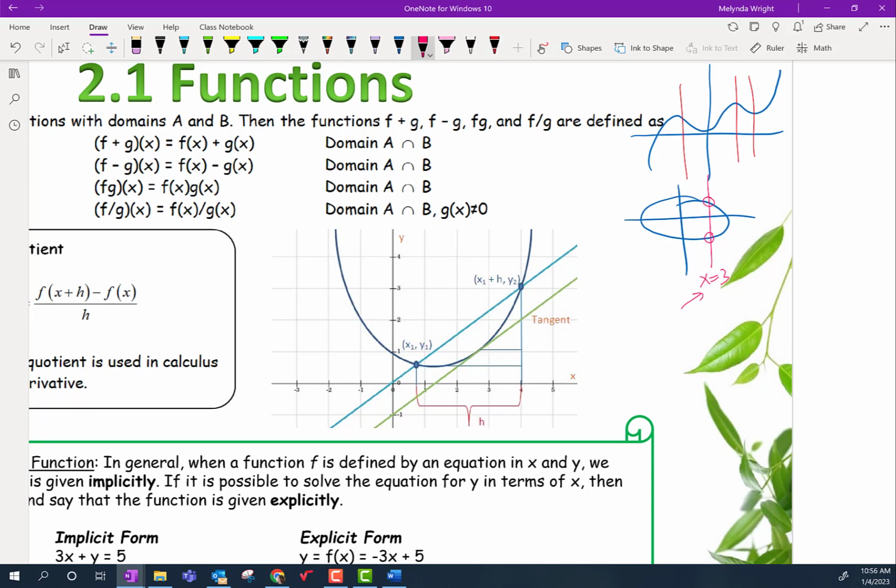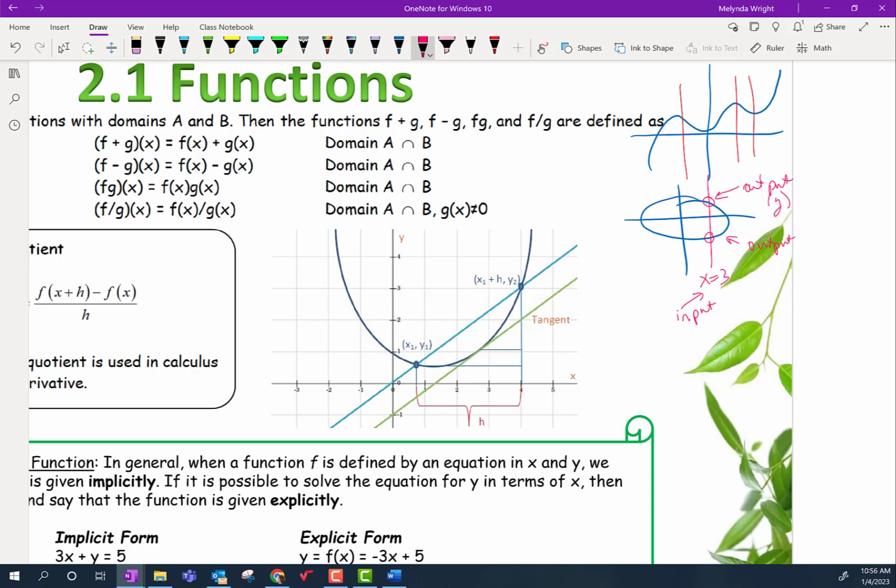This would be considered our input. To be a function, each input is only allowed one output. For this case, an output would be the y value. There are two outputs, which causes this ellipse to not be a function, because there are two different outputs for one input. Does that make sense?